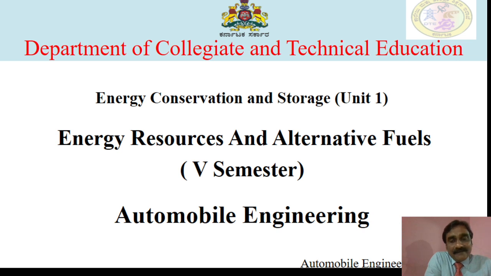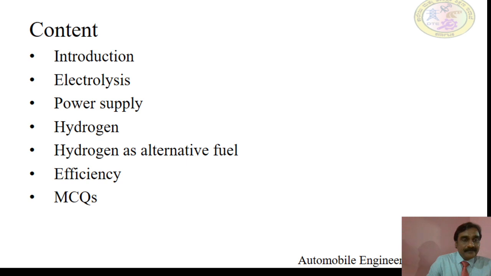When there is off-peak demand, meaning there is less demand for electricity, that time we need to produce hydrogen. Again, when there is more demand for electricity, we burn the hydrogen to produce electricity. So this cycle repeats.